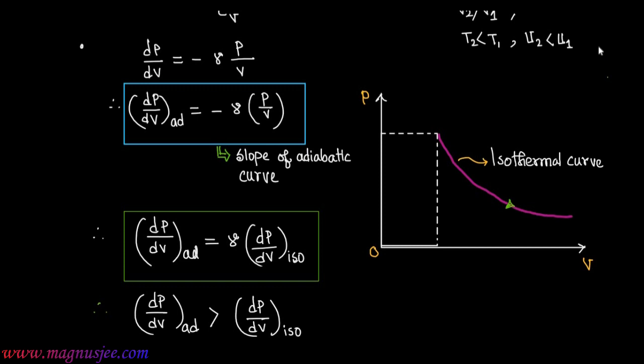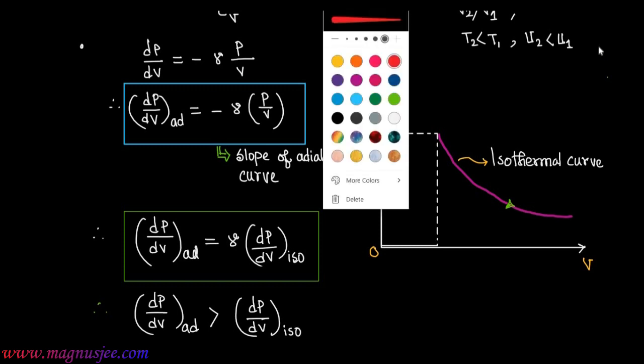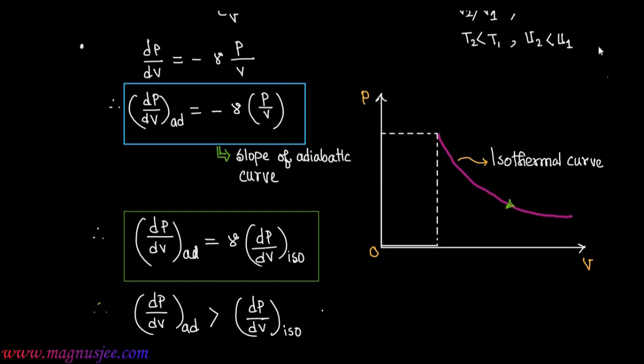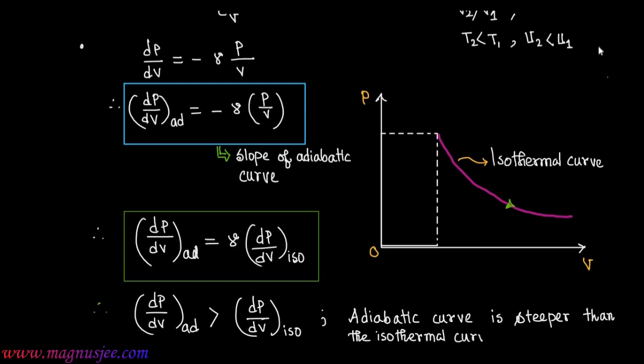That means the slope of the adiabatic curve will be greater than the slope of the isothermal curve. Hence, the adiabatic curve is steeper than the isothermal curve, because it has a greater slope.